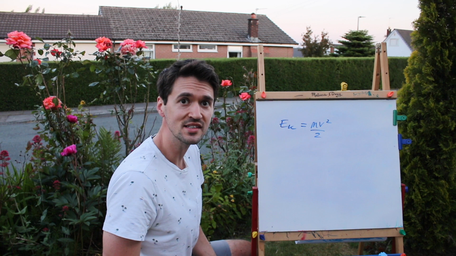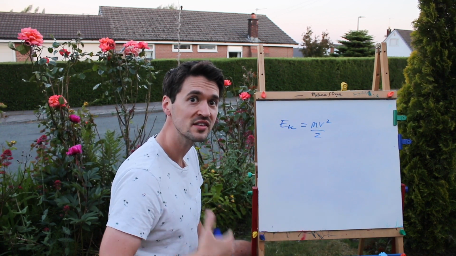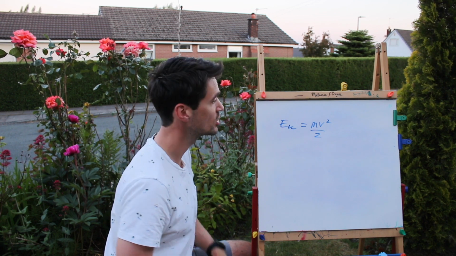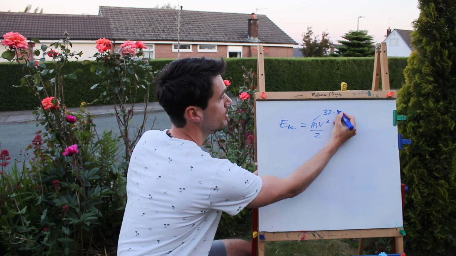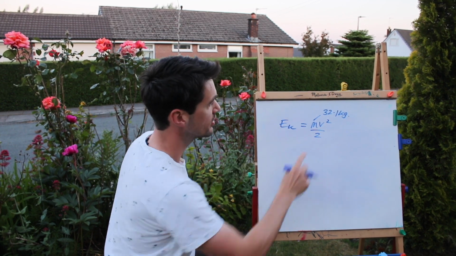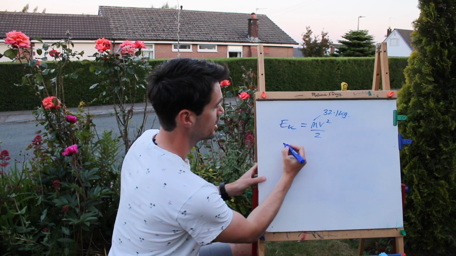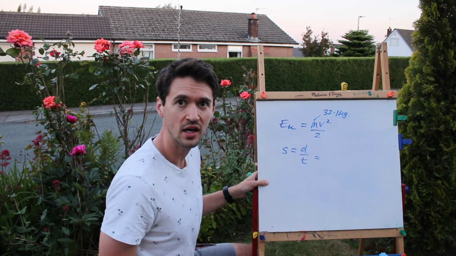Mass in this case is easy, so I put my son on the scales. He's got his mass. I've googled the mass of the bike, so in total that gives us a mass of 32.1 kilograms. The velocity, what we're going to do is use our speed is distance divided by time.